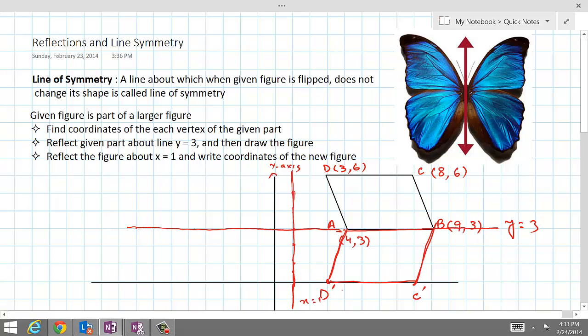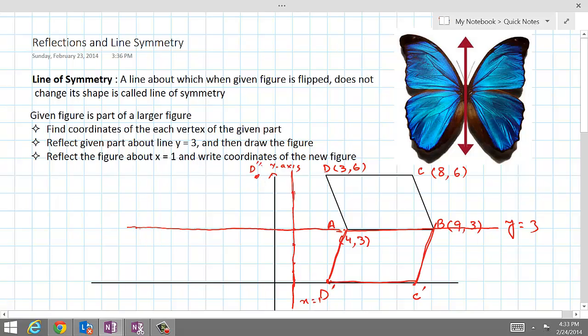And now if we want to flip over the part, reflect the given figure about x equal to 1 and write coordinates of the new image. So now D is 2 units toward right, so D double dash will go 2 units toward left. So 1 and 2, this is where D double dash would go.